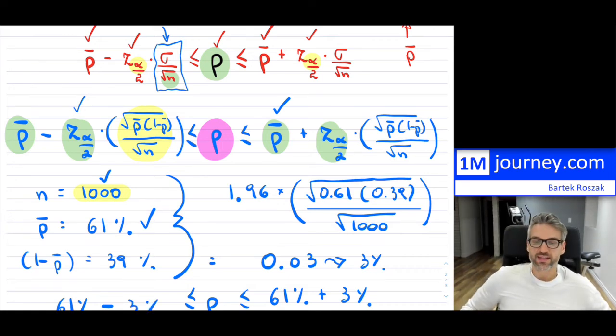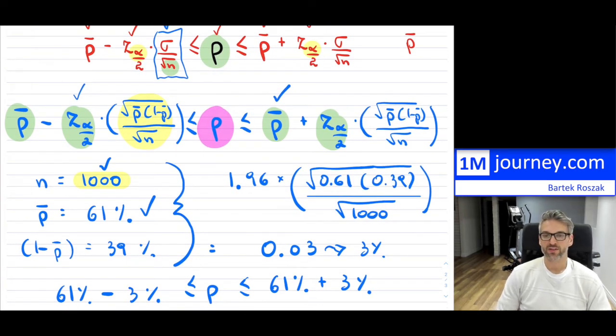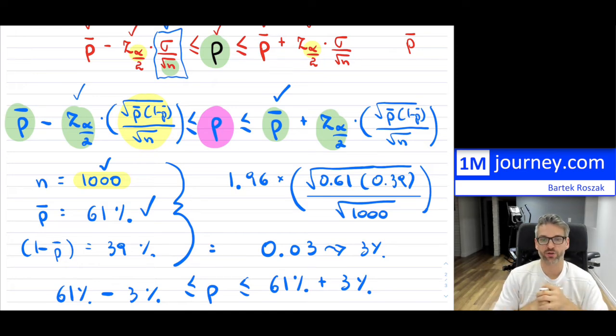So this is saying that with a 95% confidence level, my confidence interval is between 58% and 64% of the entire population who maybe are supporting this particular opinion that I took, right?